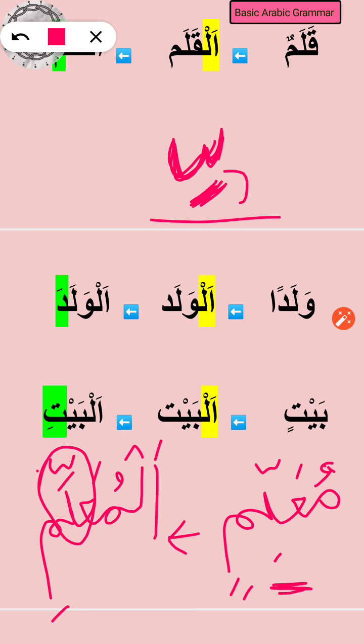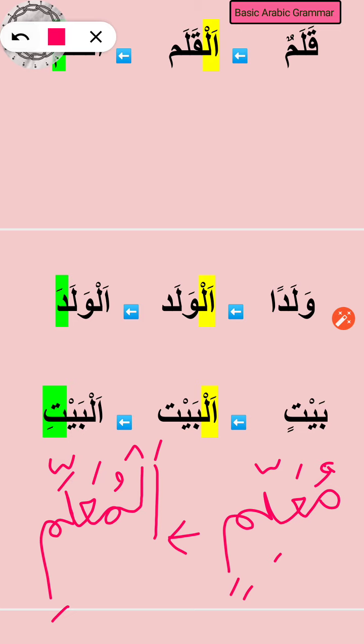So this is muallimin again. We changed tracks because I needed to tell you this, and let's get back to our example. So we have muallimin, a teacher, al muallimi, so this would be the teacher. Notice how this double zir was replaced by single zir.